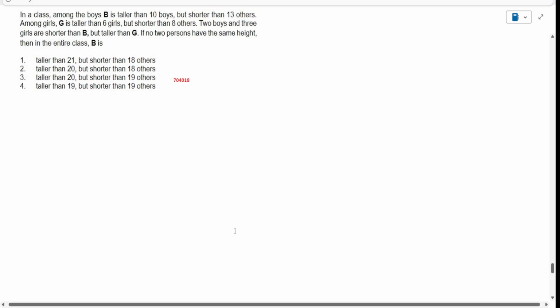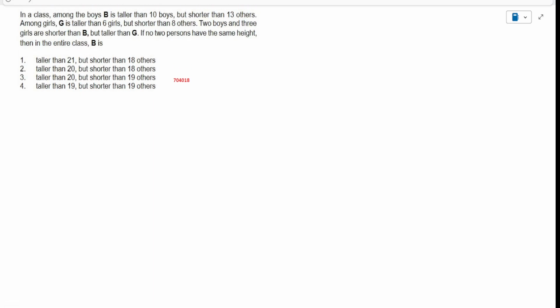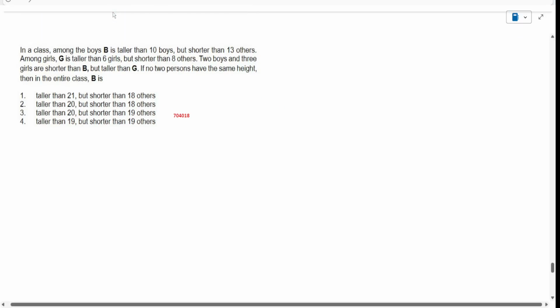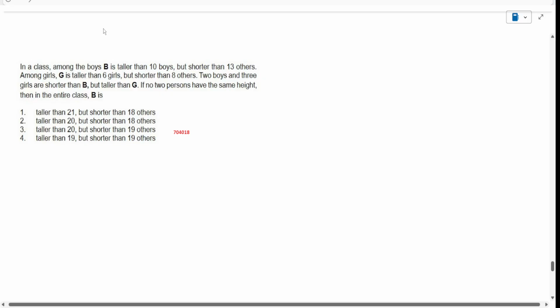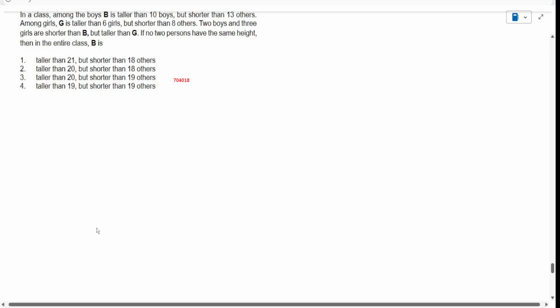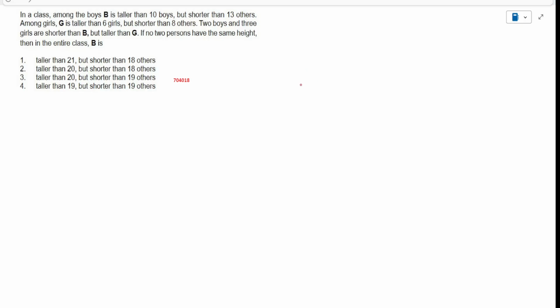Next question. In a class among the boys, B is taller than 10 boys. Here suppose B stands. B is taller than 10 boys. Here 10 other boys remain.